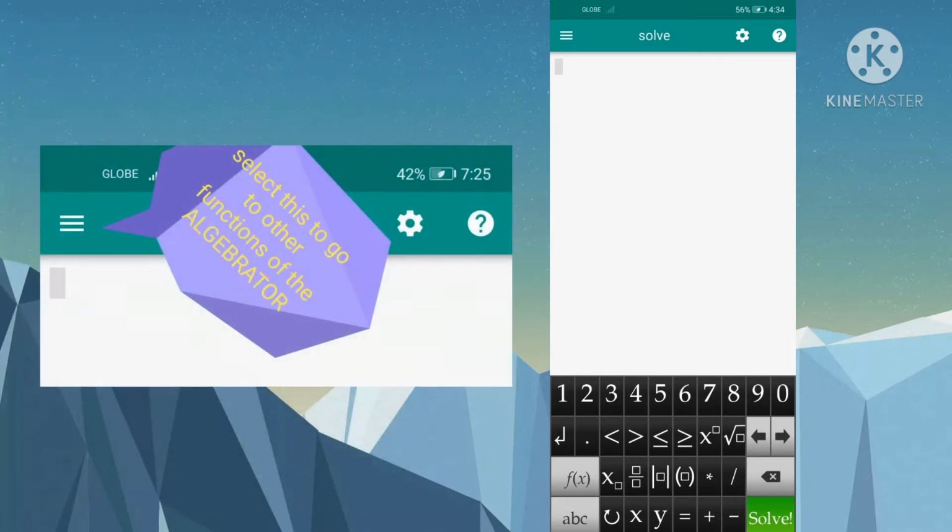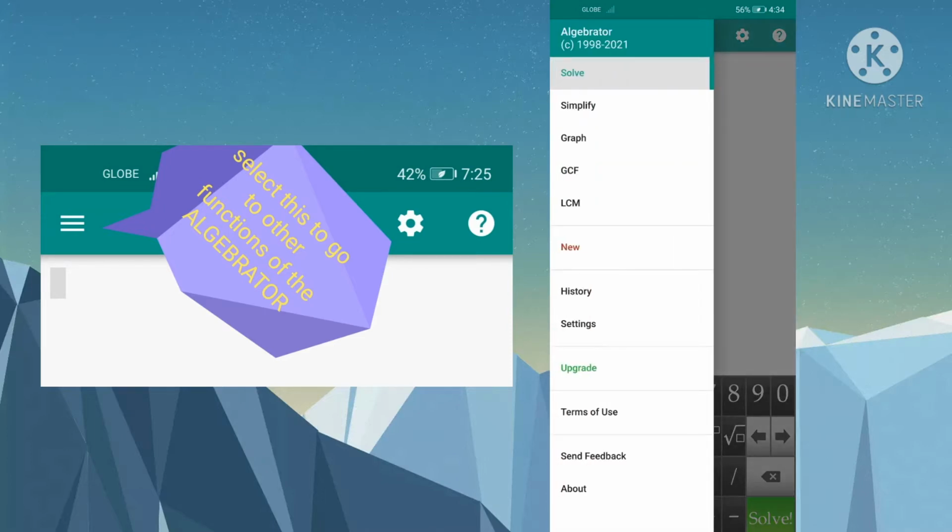So, pindutin ito yung sa may upper right corner. Meron tayong tatlong line dyan. Ito. So, pindutin. Ayan. So, meron tayong solve, meron tayong simplify, meron tayong graph, meron tayong GCF, LCM, new history settings, upgrade terms of use, send feedback about.